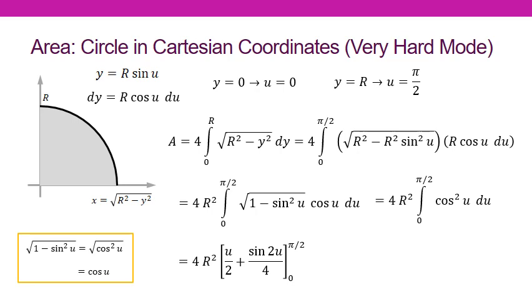When I plug pi over 2 into sine 2u, I get sine of pi, which is 0. And so the only thing left is u over 2. So I go ahead and plug it in. I get 4r squared times pi over 4, which ends up being pi r squared.